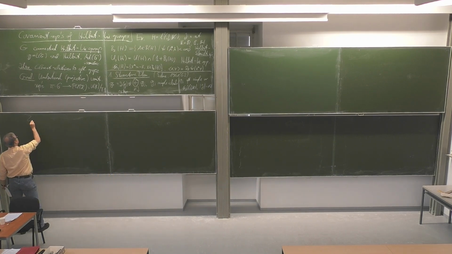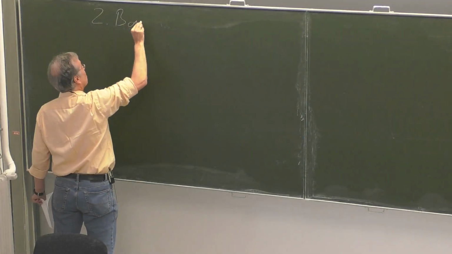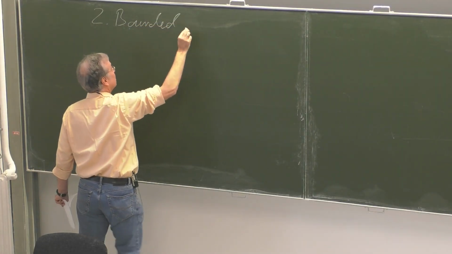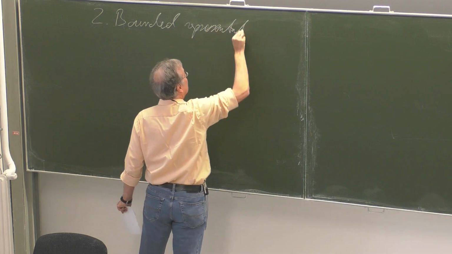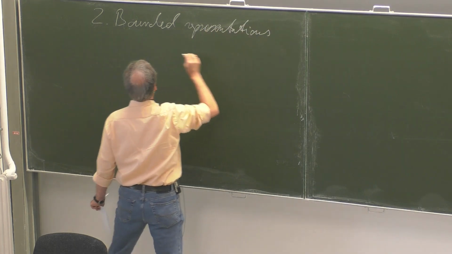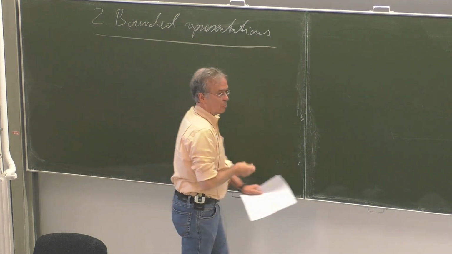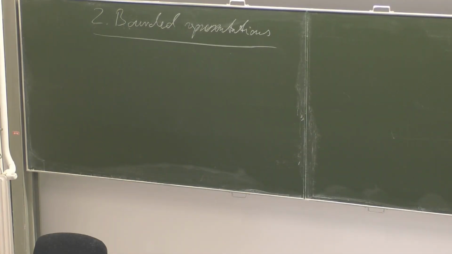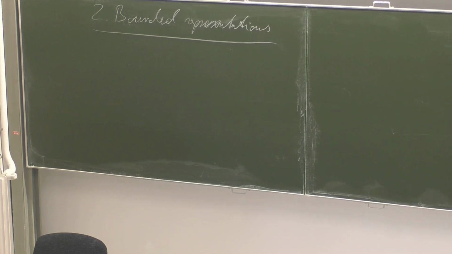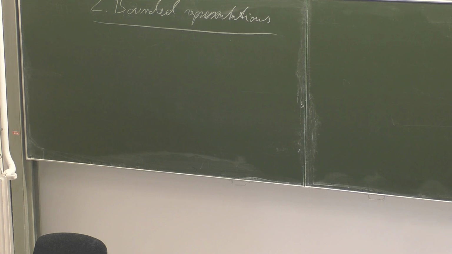And what I want to discuss next are so-called bounded representations. Many aspects that I will use here have been nicely introduced by Milan, so it's not the first time you're exposed to these concepts.